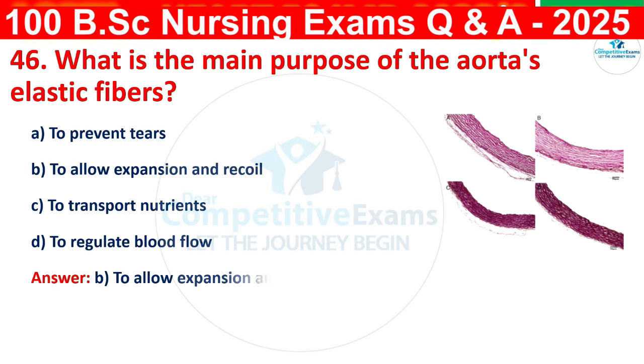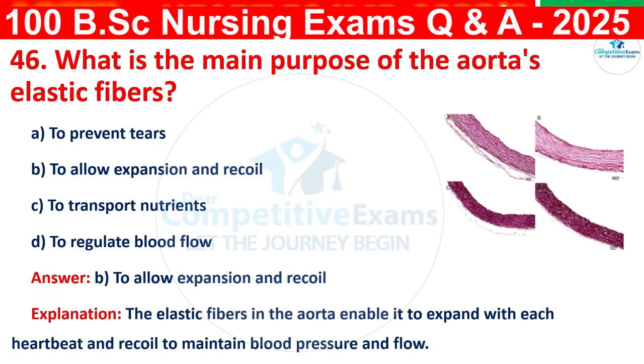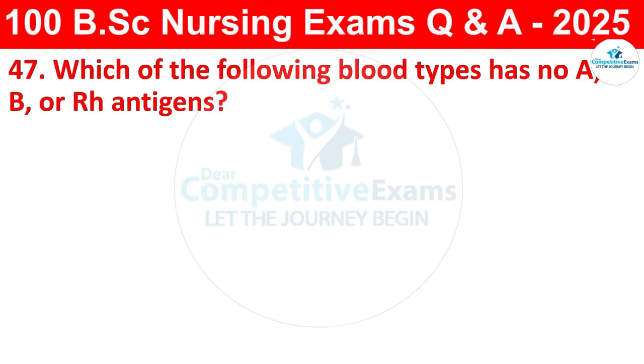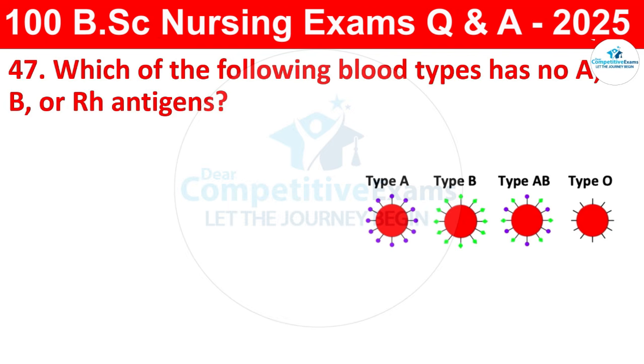The correct answer is B, that is to allow expansion and recoil. The elastic fibers in the aorta enable it to expand with each heartbeat and recoil to maintain blood pressure and flow.